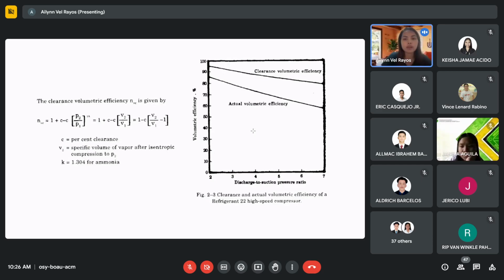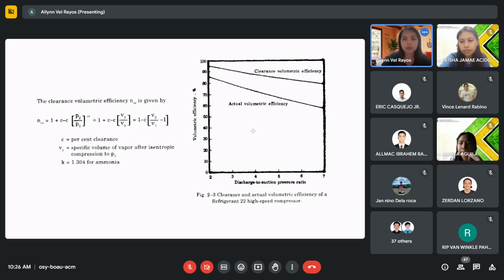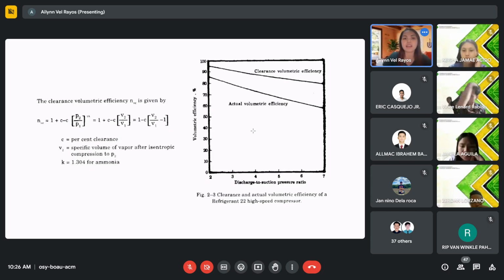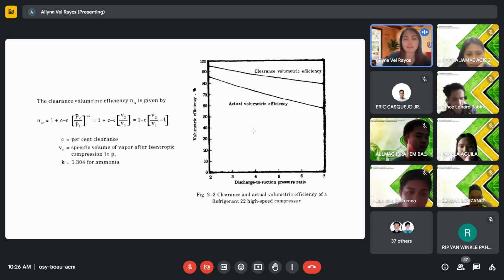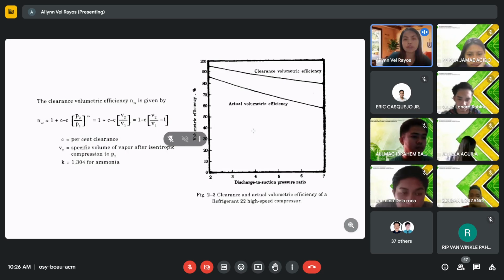So next natin is the clearance volumetric efficiency, which is being represented as N sub DC. So this one is given by 1 plus C minus C. So C natin is percent clearance. V sub 2 is the specific volume of vapor after isentropic compression to P2. And K is 1.30 for ammonia.